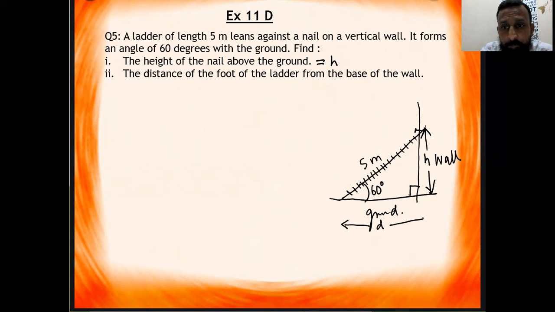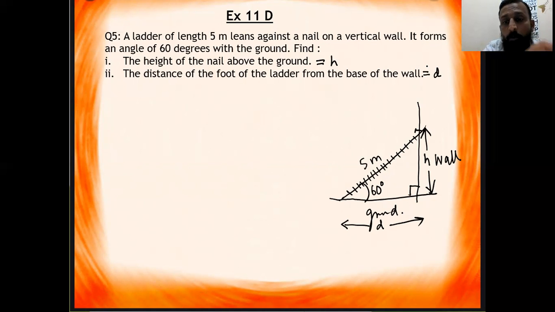Let the horizontal distance be d and the vertical length, the height of the nail above the ground, be h. So boys and girls, here is the triangle, a simple triangle that gives you an acute angle 60 degrees, the hypotenuse length 5 meters, and what are they asking you? The opposite side, that is the height of the wall, and the adjacent side, the distance of the base of the ladder from the wall.